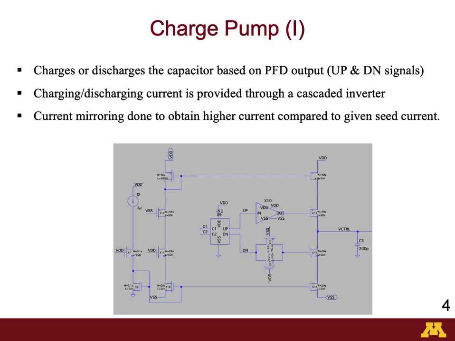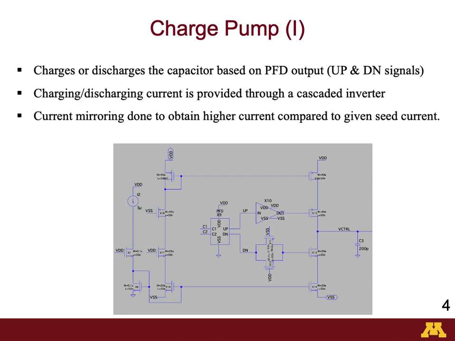The bias current flowing through the cascaded inverter is used for the charging or discharging operation. This bias current is generated by the current mirror on the left hand side from 5 microampere seed current on the left side of the diagram.